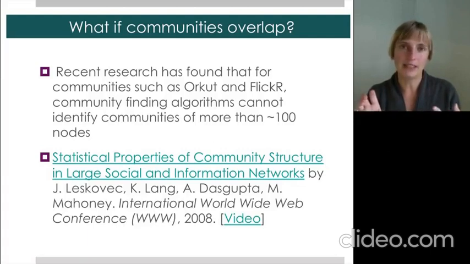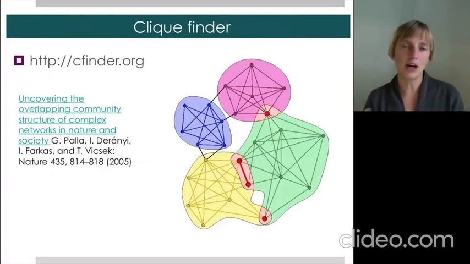And they found that at most, communities of 100 nodes can be separated, and everything else is too overlapped to do it. So what comes to the rescue then are community finding algorithms which allow for overlap, which allow nodes to be members of more than one community.